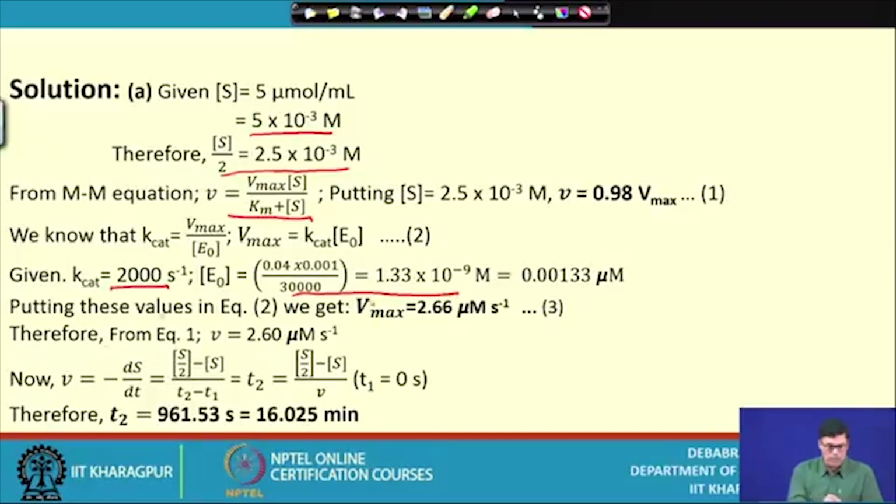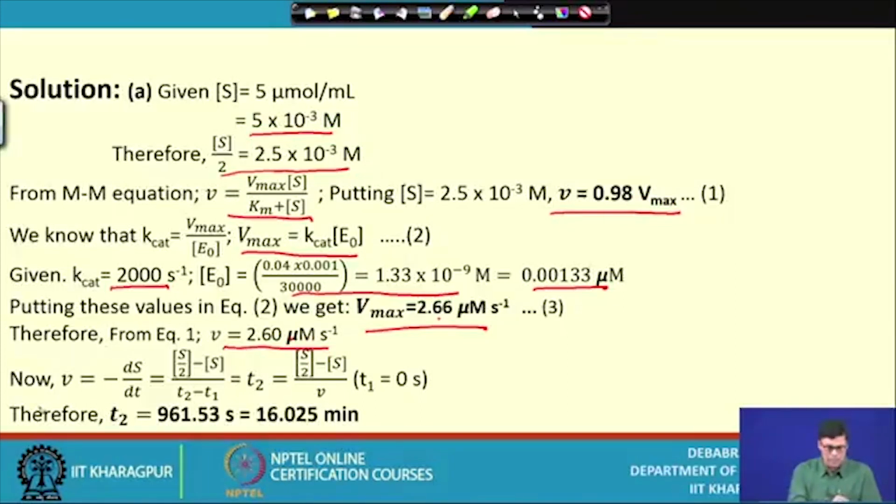From the kcat value we can find the E0 value, because Vmax equals kcat into E0. So from that we can find the Vmax value. Once we have this, we can easily find the V value. From equation 1, V equals 0.98 into Vmax. We put this Vmax value here and find the V value.